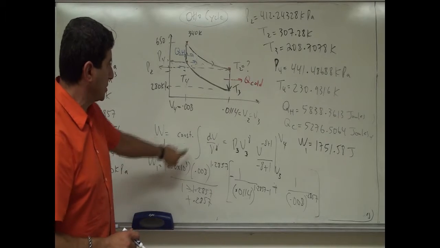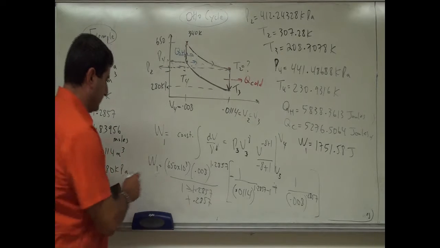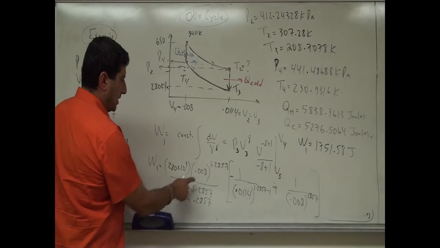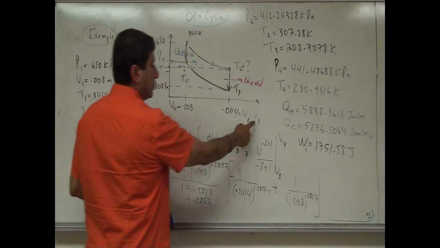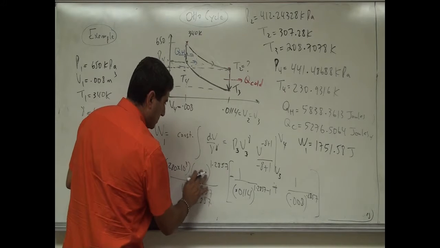So what will be different here? Instead of 650, I'm going to put P3, which is 280. Then here I'm going to put V3, which is the same as V2, which is 0.0114.